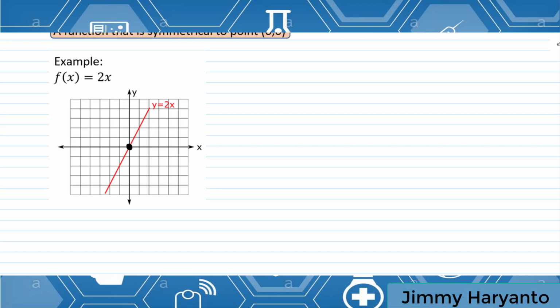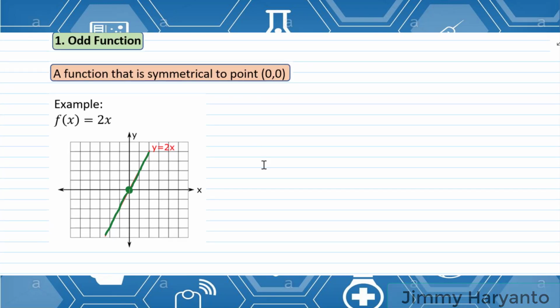So I take this part of the curve and reflect it in the mirror, and it will give you this one also. If I take the bottom part and reflect it, it gives exactly the same on the other side. This is called symmetrical.